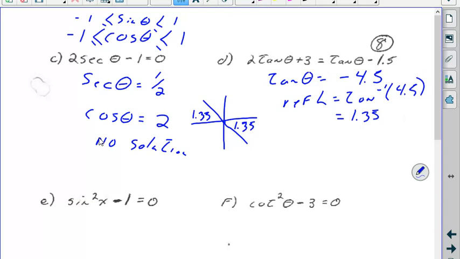Please make sure that the reference angle goes between the terminal arm and the nearest x-axis. We have quadrant 2 is pi minus 1.35, and quadrant 4 is 2 pi minus 1.35.